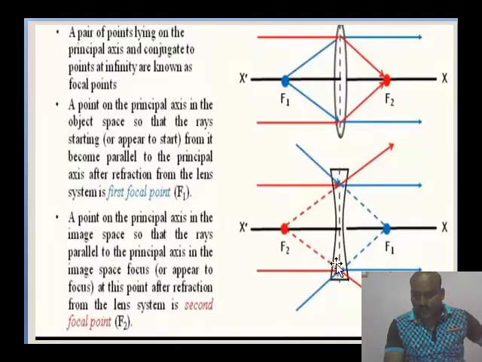Here also, the imaginary line should meet at this point, that is F2. Similarly, when the rays are incident and become parallel to the principal axis, the extended part meets the principal axis at this point, that is F1. Same here, the extended part appears to meet at F1. In the concave lens you have to mark F1 and F2 like that.